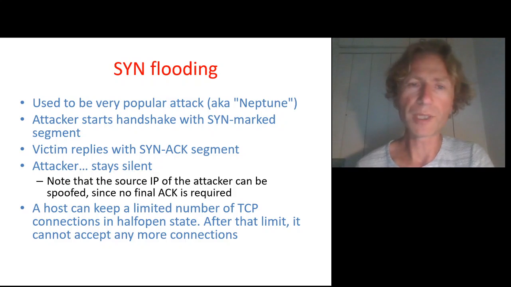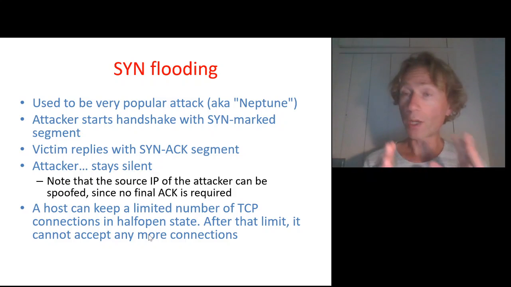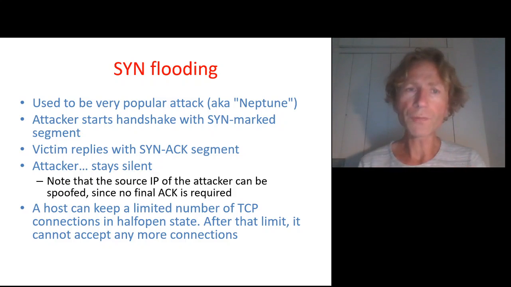So this makes it all really simple. The source IP address of the attacker can easily be spoofed since you don't need a final acknowledgement. Now, a server can keep only a limited number of TCP connections in this half-open state. After the limit has been reached, it cannot accept any more connections, and it's essentially dead.